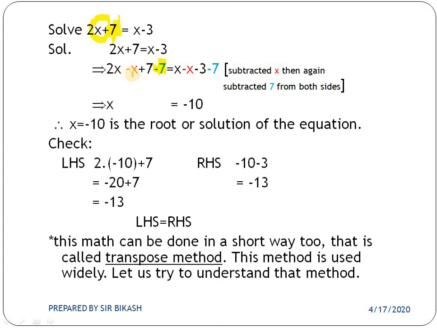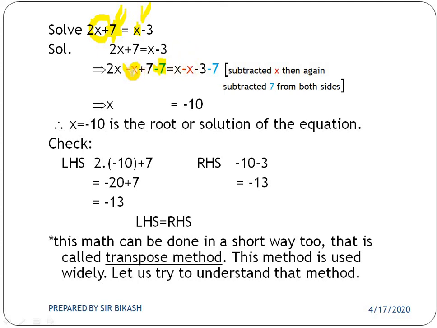So twice x minus x plus 7 minus 7. Why am I doing this minus x? You see, we will eliminate this 7 and this x. From this side we will eliminate the 7, and from this side we will eliminate the x. How to eliminate this 7? Minus 7. How to eliminate this x? Minus x on the right hand side.